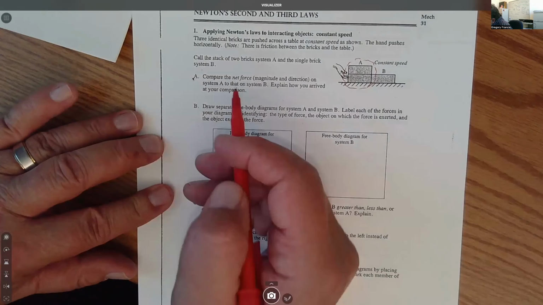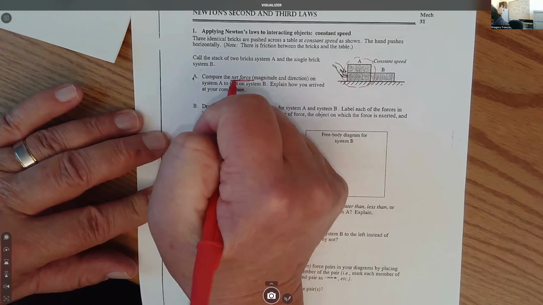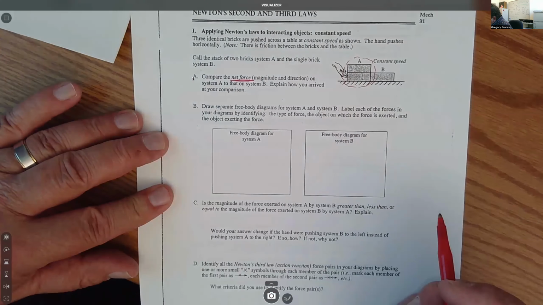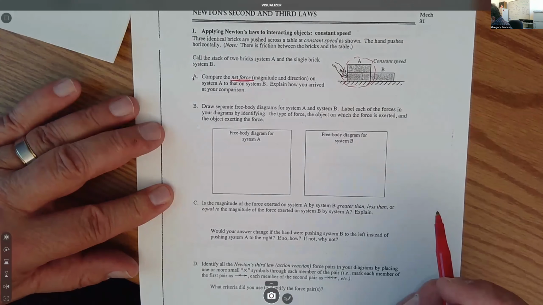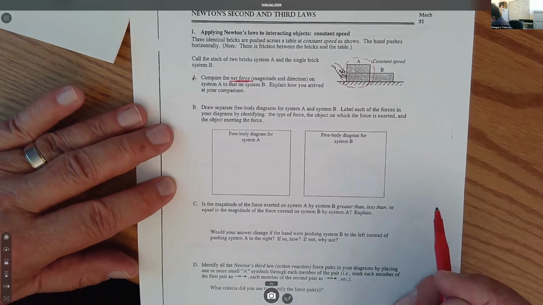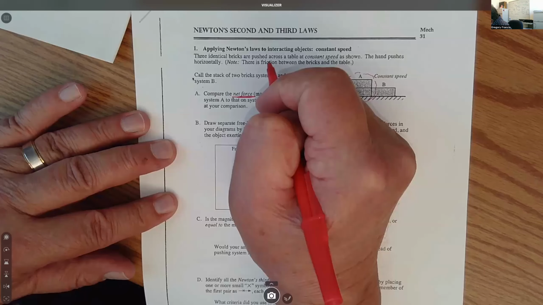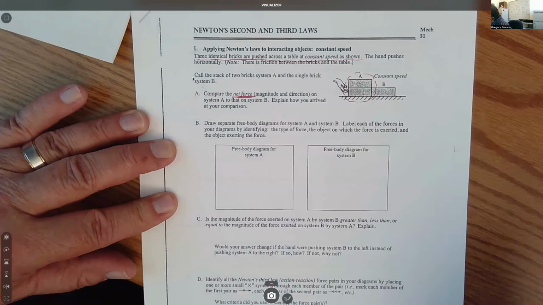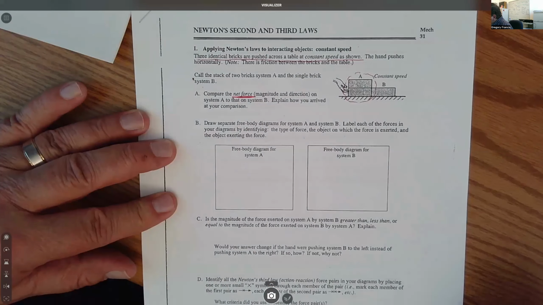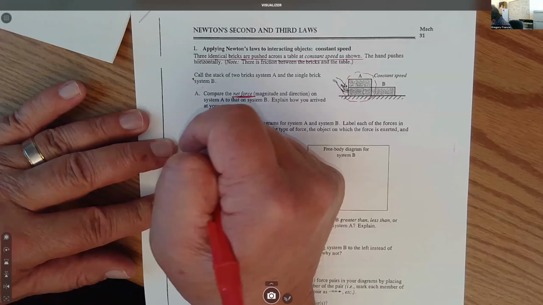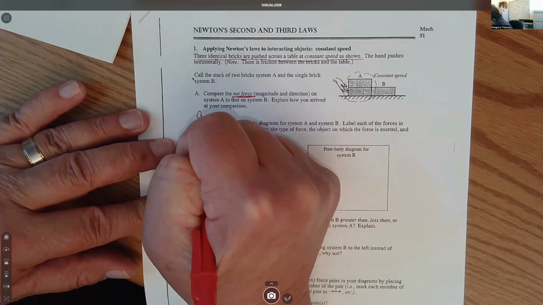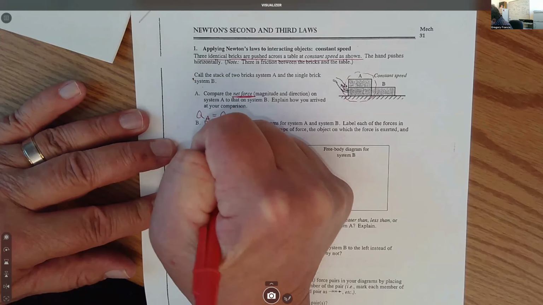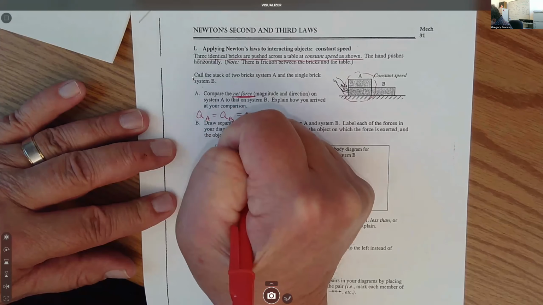We're first asked to compare the net force, the total force, magnitude and direction on System A to that on System B. This is kind of a trick question, because if we read up above, we're told that these identical bricks are pushed across the table at constant speed in a straight line. And so that means that the acceleration of A is equal to the acceleration of System B is equal to 0.